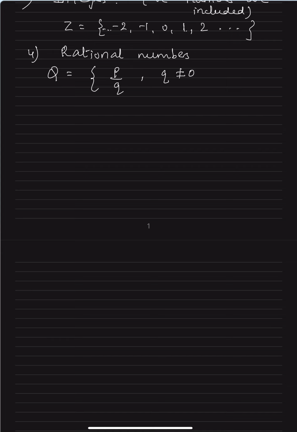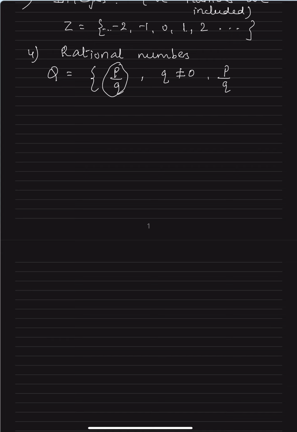Definitely q should not equal 0. Now you should be used to these terms, that q is not equal to 0, x is not equal to 0, right? The meaning of that is this term q, which is in the denominator, should not be equal to 0, because if we say p upon 0, it will be undefined. Correct?